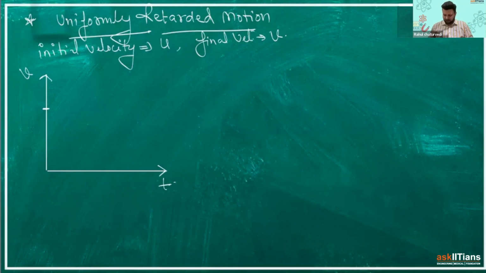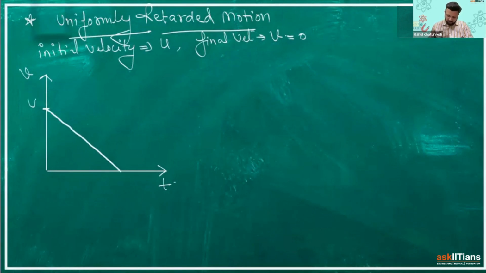It can be that the final velocity becomes 0. So initially any object is having some velocity and after some time it comes to the state of rest. So this will be your graph.